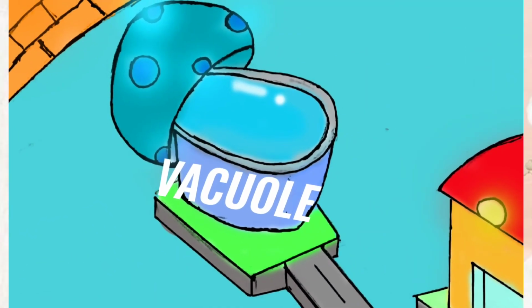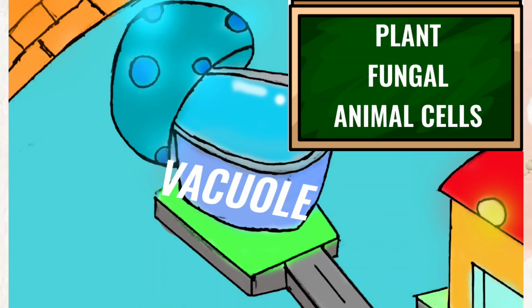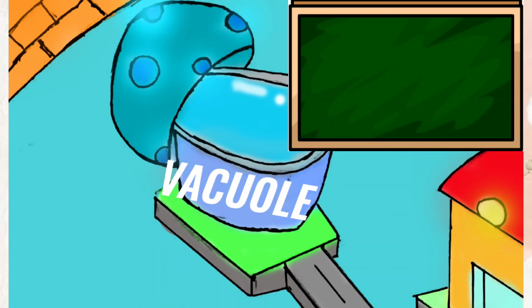The last part is the vacuole, or the water storage tower. A vacuole is a membrane-bound organelle found in plant, fungal, and animal cells, as well as some bacterial cells.